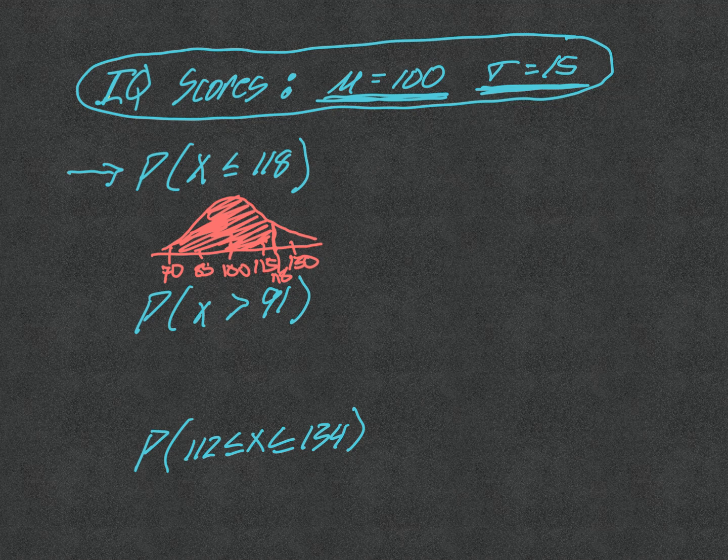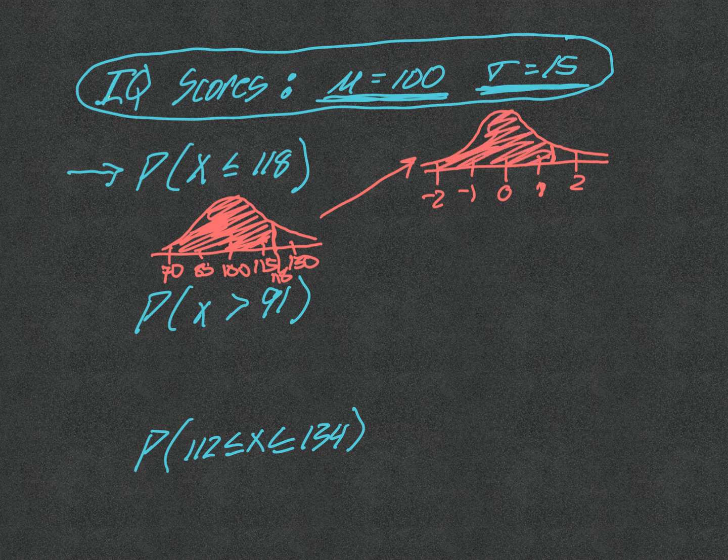So to do that, I want to convert this to a standard normal, where the mean is 0 and the standard deviation is 1. And that 118 is going to be somewhere between 1 and 2. How do I know? Because it's between 1 and 2 standard deviations above the mean for the test, so it'll be between 1 and 2 on the standard normal. So it'll show up in the same spot.